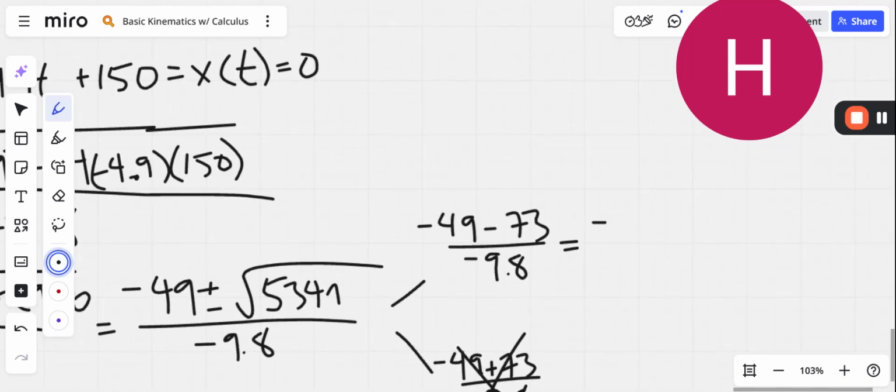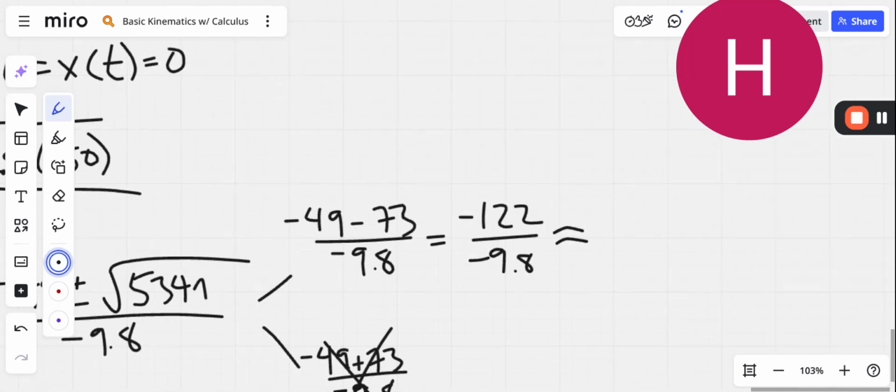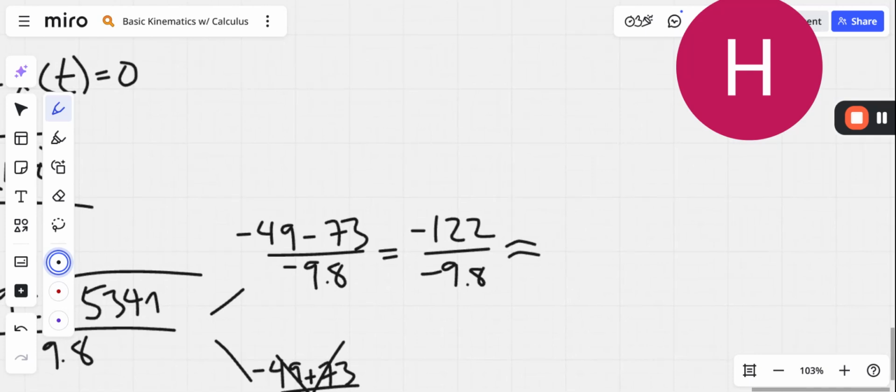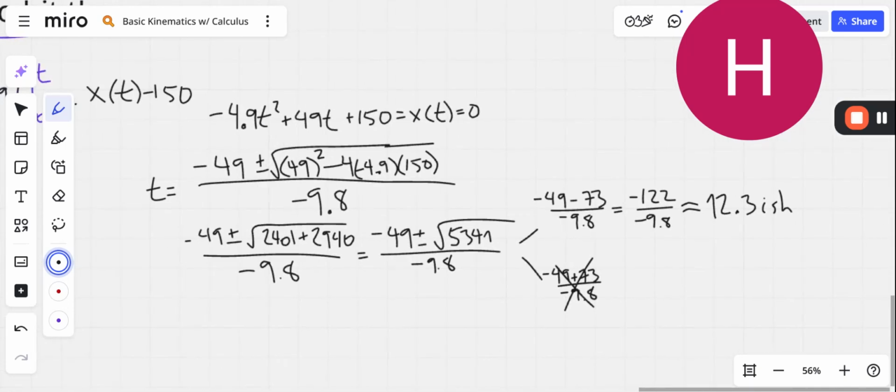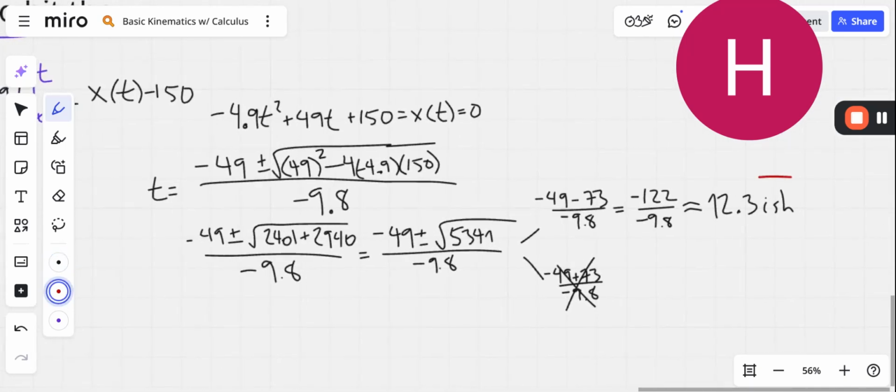So we're going to go with negative 122 over negative 9.8. So it's like about, if I had to guess, 12.2. I mean, that's just kind of a rough guess, but let's say 12.3-ish. You can use a calculator for sure and see what it comes out to be. So 12.3-ish is the time.